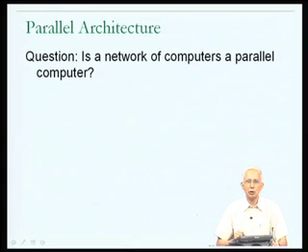Now a question which will arise in your mind is, if you think about the ordinary setup that you probably have in your college, where there is a network of computers, or even in your home where you might have a laptop and a desktop, multiple computers which are networked together, could one view the network of computers as a parallel computer?